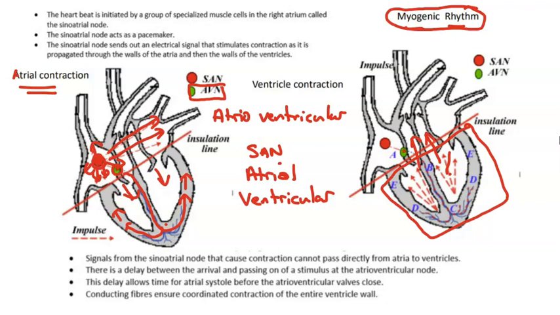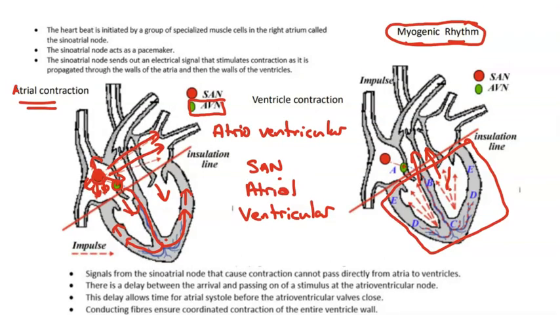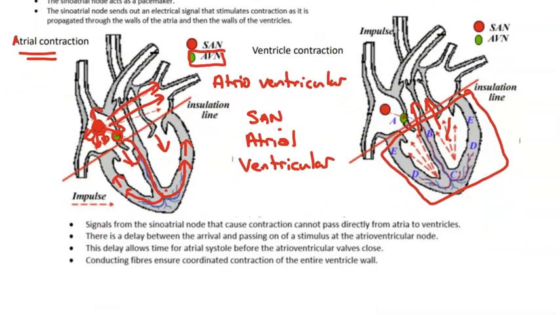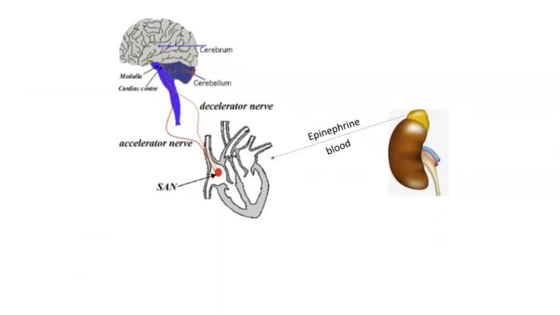Again, in the cardiac cycle, we will look at some of the consequences for valves opening and closing. As the heart has its own capacity to create its heartbeat, the heartbeat comes from within the heart, from the sinoatrial node and myogenic rhythm.